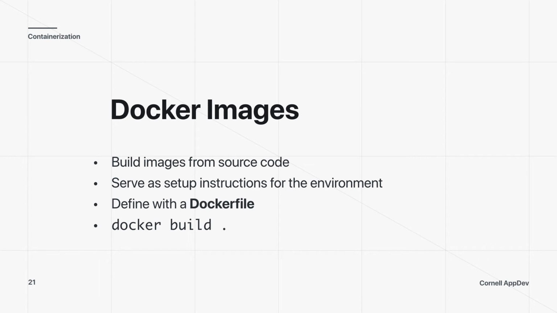And then once you've declared all those instructions in this Dockerfile, you would go to the directory where you define this Dockerfile and call docker build dot, which dot just means current directory. And Docker, assuming that you've installed Docker, will look at the Dockerfile and build this packaged application that includes everything you need and the code itself.